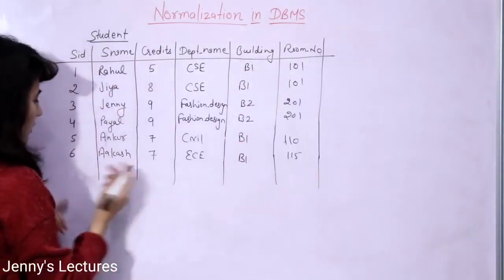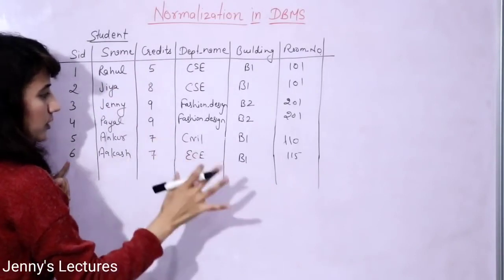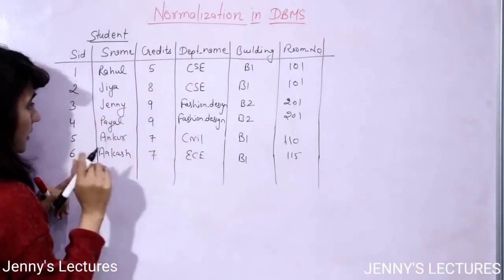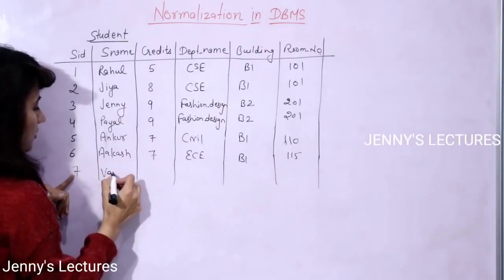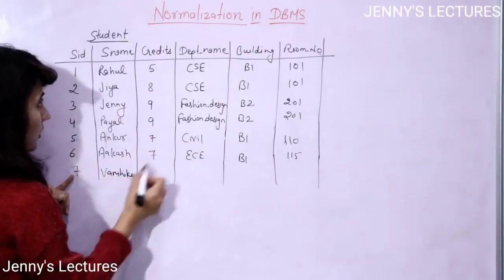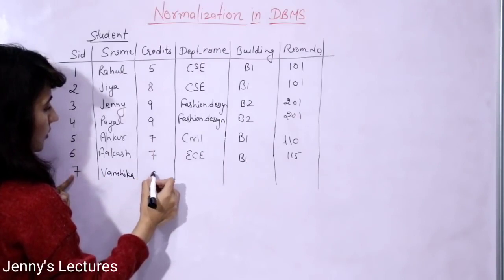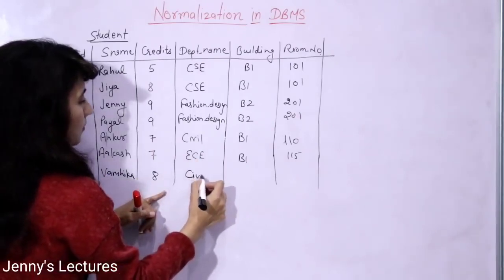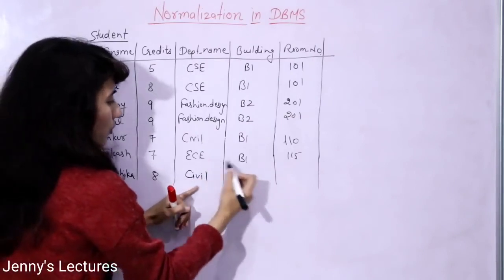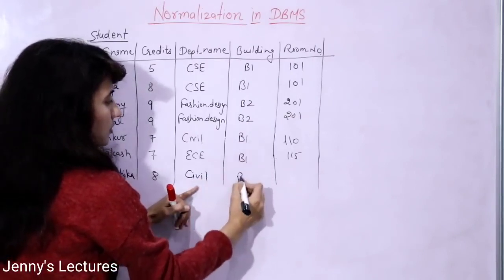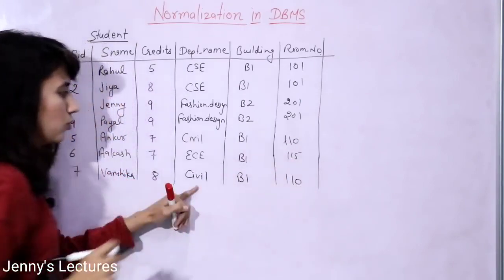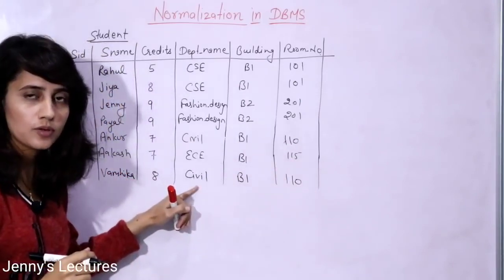Like this, suppose I have inserted 6 student information and I want to store another student information. Suppose student ID is 7 and name is Vanshika and suppose credits are 8 and department is civil, right. So now you have to repeat the same information again, that is the building and room number, that is 110, fine.